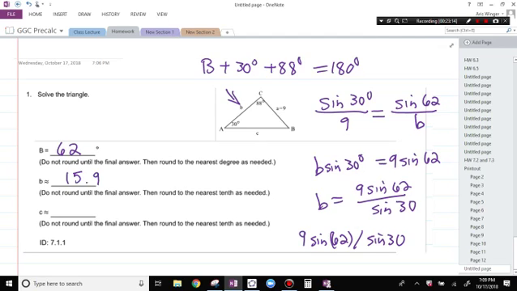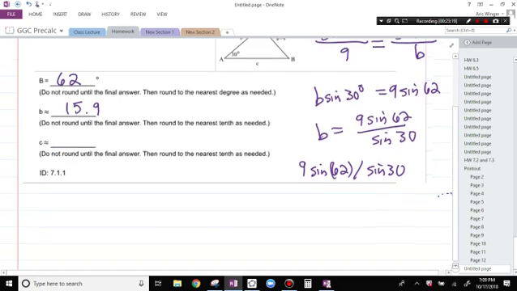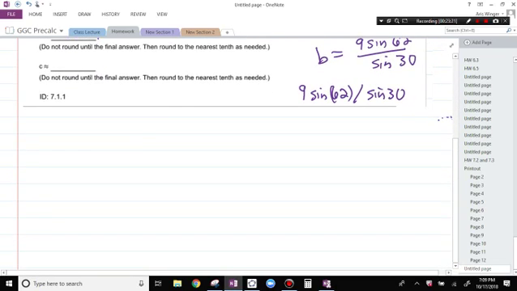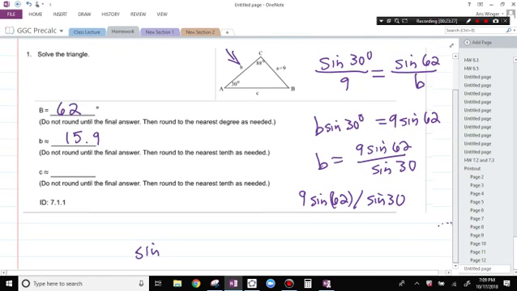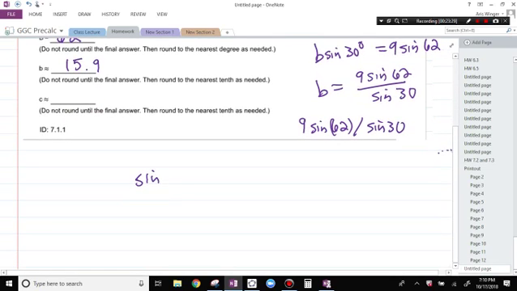Cross multiply and do the same thing, right? Sine of 30 degrees over 9 equals the sine of 88 degrees over little c. And we know little c has to be the largest side because it is opposite the largest angle.